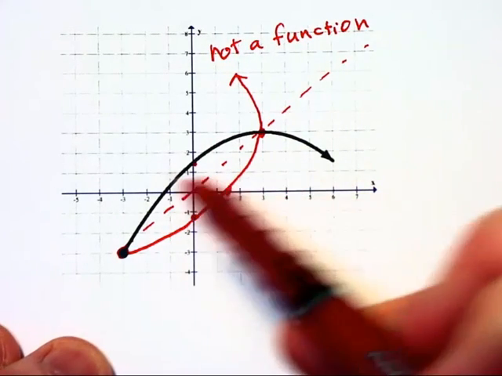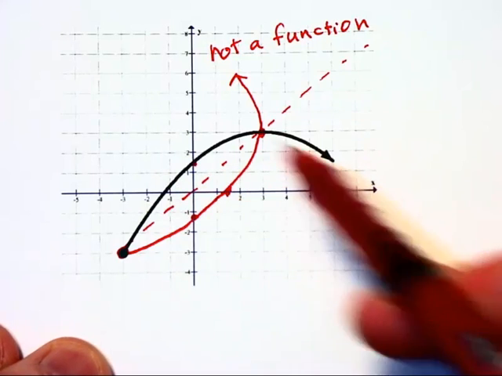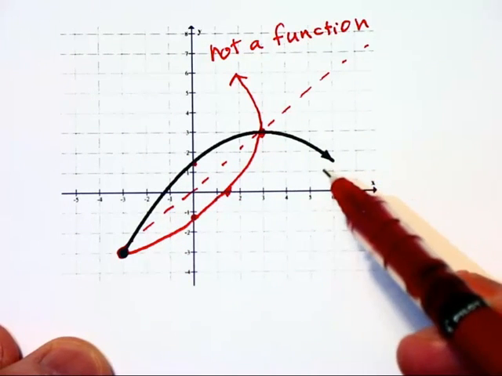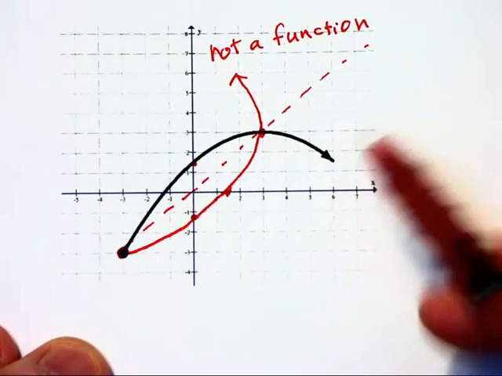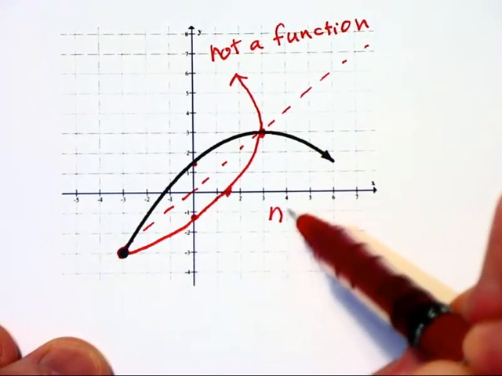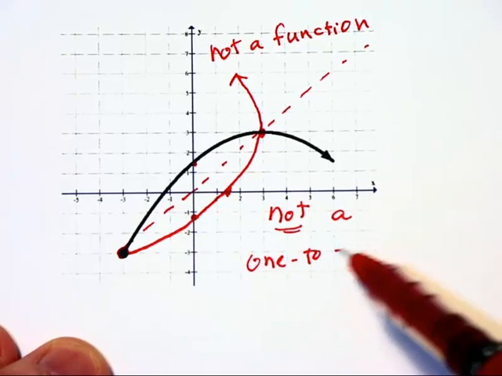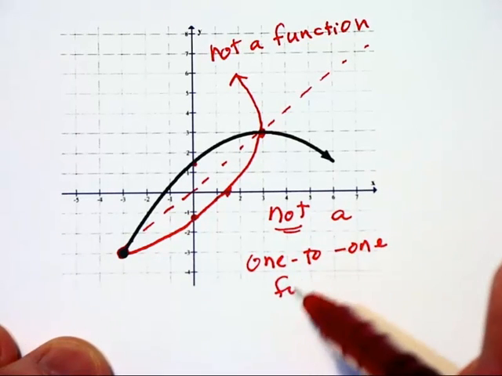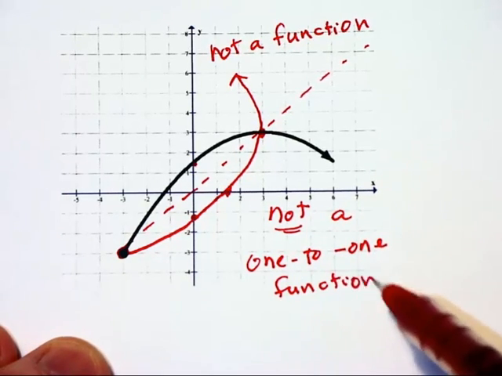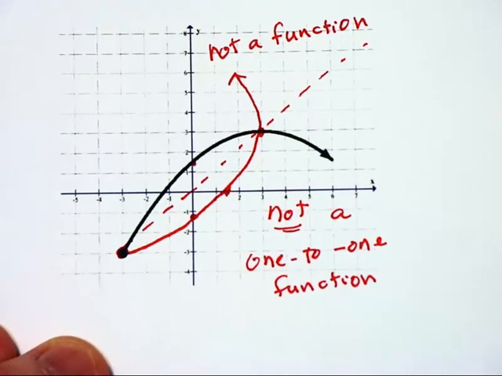Since this first solid line graph given to us does not pass the horizontal line test, then it is not a one-to-one function. It needs to pass both the vertical and the horizontal line test to be considered to be a one-to-one function.